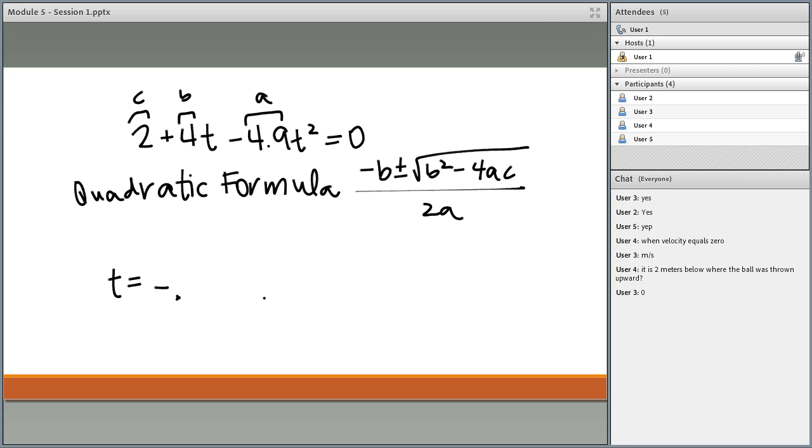One of the values that we get is negative 0.35. The other one that we get is 1.17. How do I know what the answer is? Well, we're talking about time, and time can't be negative.